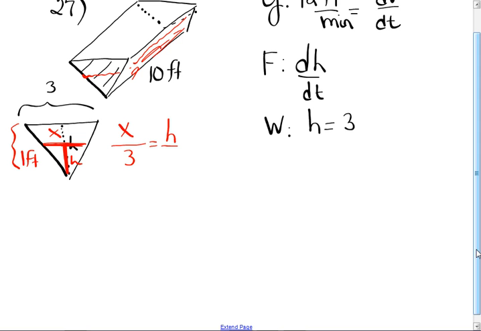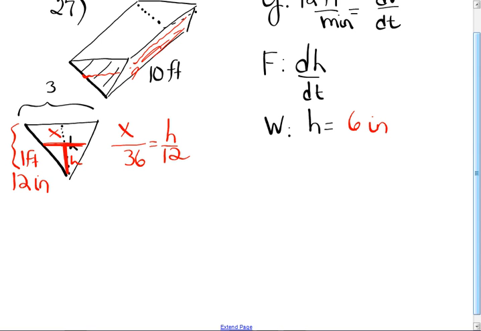Somebody told me the wrong number here. 6 inches deep. So 1 foot is 12 inches. You got to keep your units consistent. No. This is 1 foot. Oh, you're right. These are 3 feet. Thank you. That wasn't inches, right? Okay.